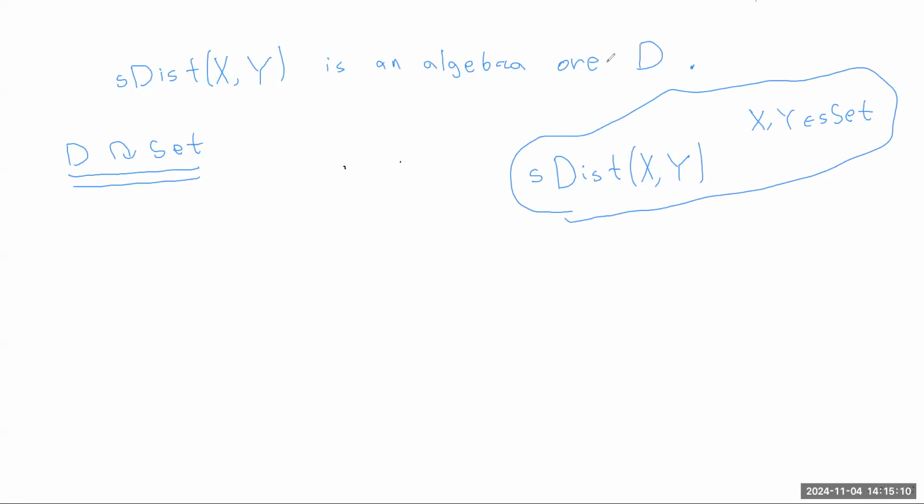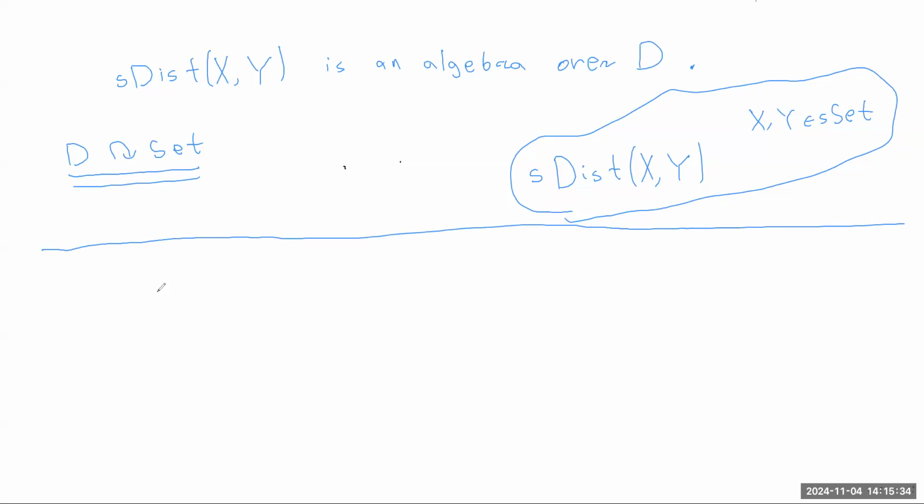So this point of view, that it is an algebra over D, can be helpful, because it seems that the distribution monad is not like any monad, it has some other good properties, like a natural multiplication.